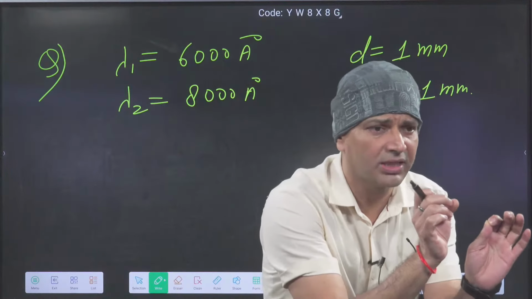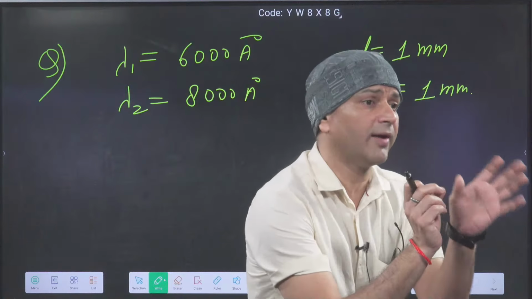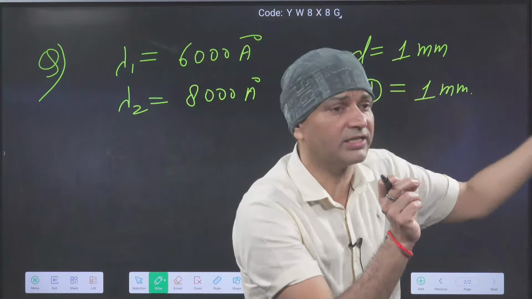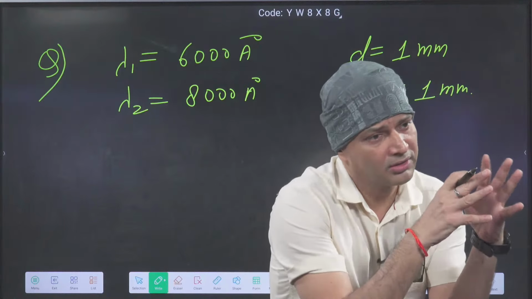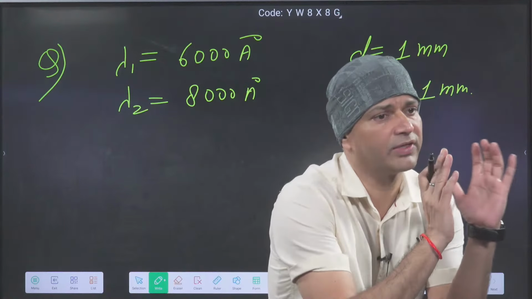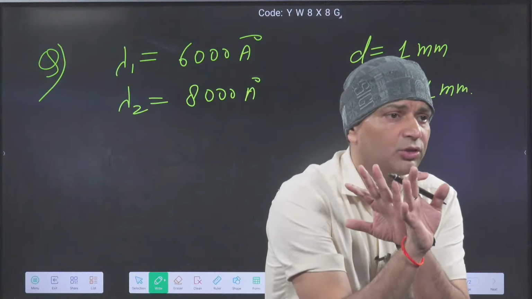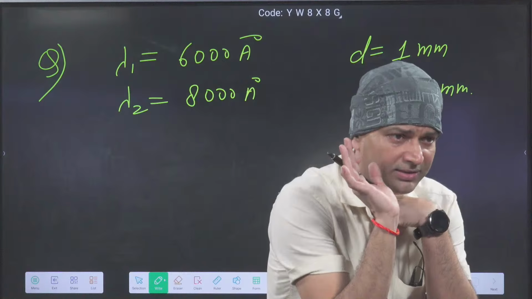If they do not mention anything, we consider the central maxima at the bisector. Otherwise they have to mention how the primary source is placed and how the light is falling on the slits. Initially before the slit the path difference is 0, and after the slit the path difference will be 0 at the bisector. So central maximum is by default at the bisector.